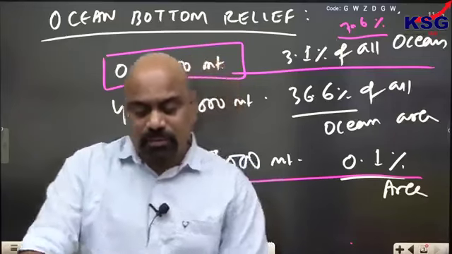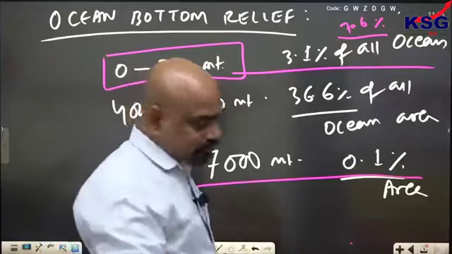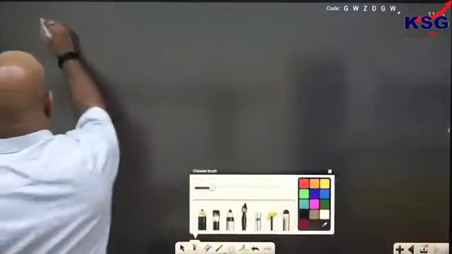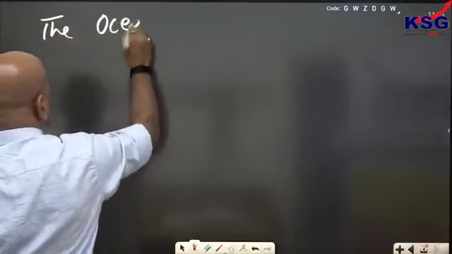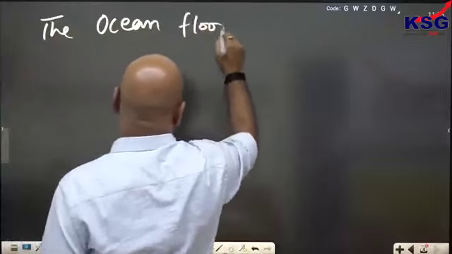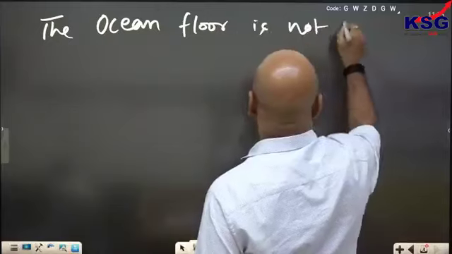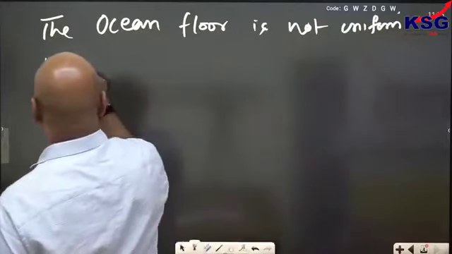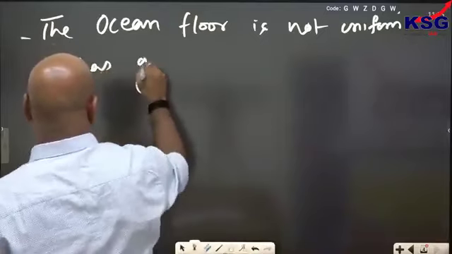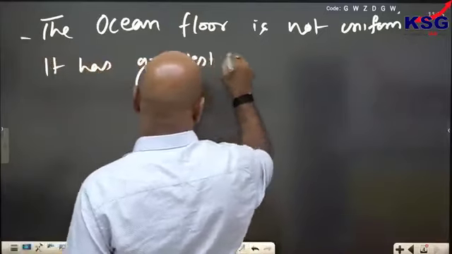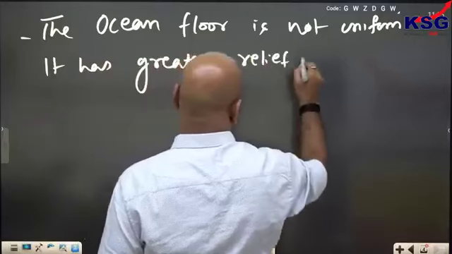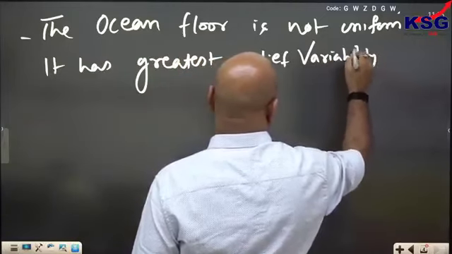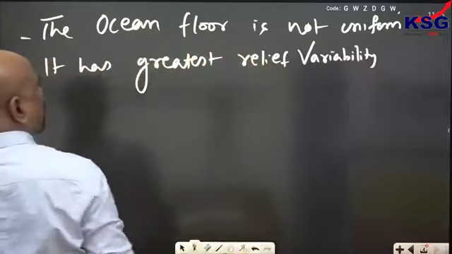So by the way, please note down here that the ocean floor is not uniform. It has greatest relief variability. The ocean floor is not uniform.